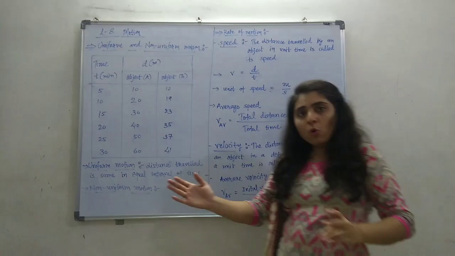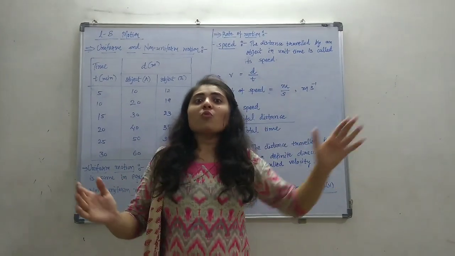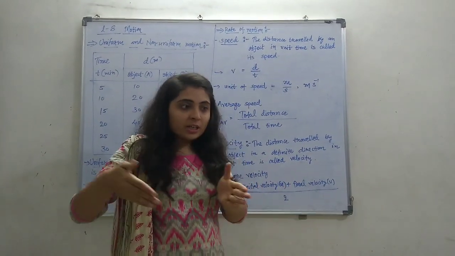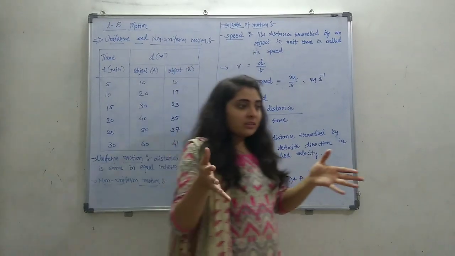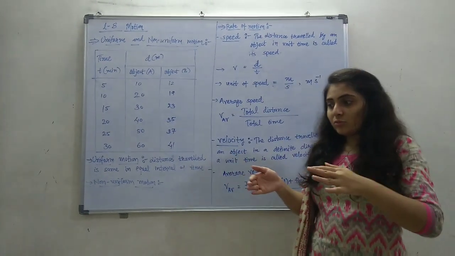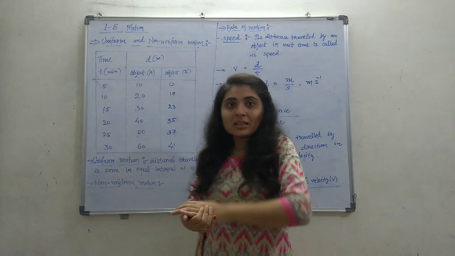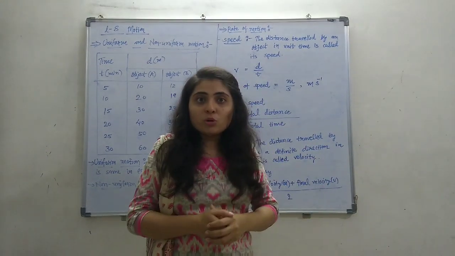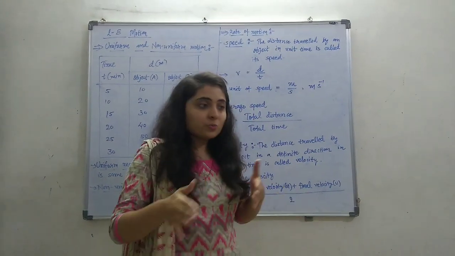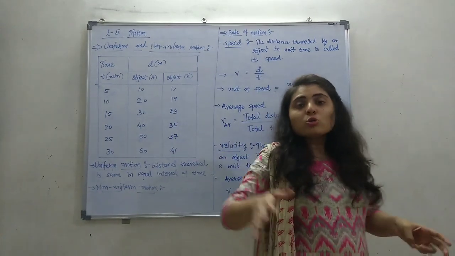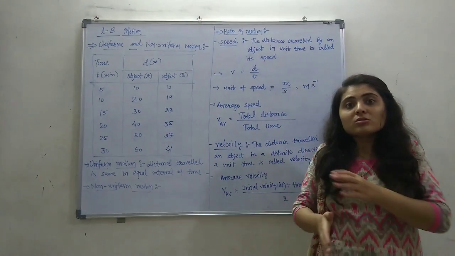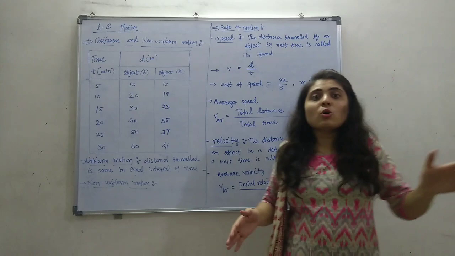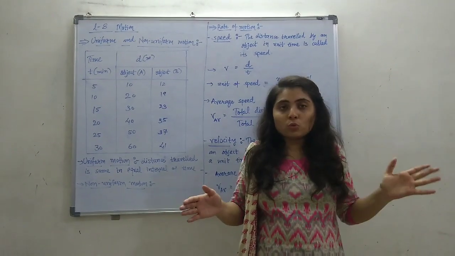Definitely not. From home to school, your speed is varying. In a street your speed will be less. Then on a highway your speed will be more. At a traffic area your speed will decrease.